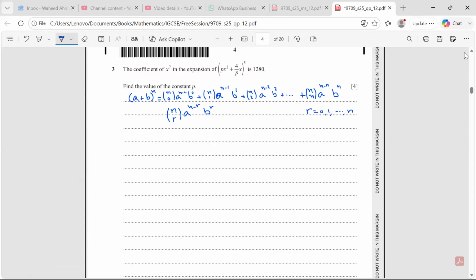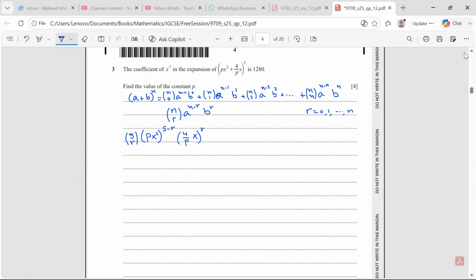In this form, if I write the general term here, 5 is my n, it is 5Cr, and a, which is px^2, has power 5-r, and then b, which is 4 over px, has power r. So the general term for this expansion is going to be something like this.